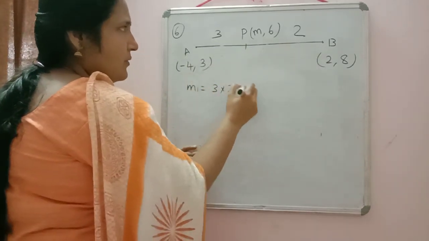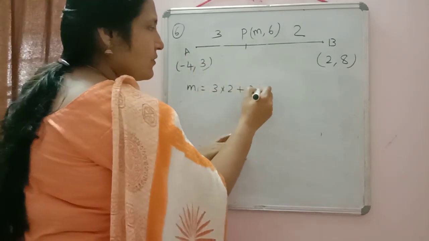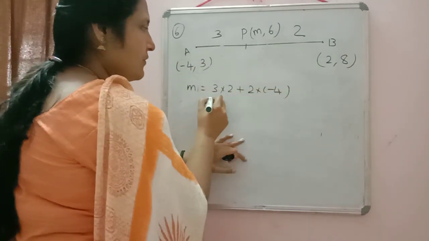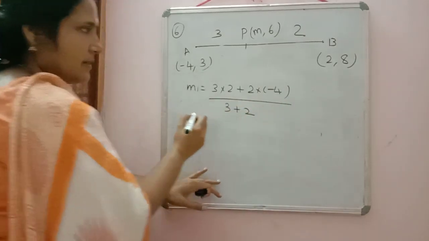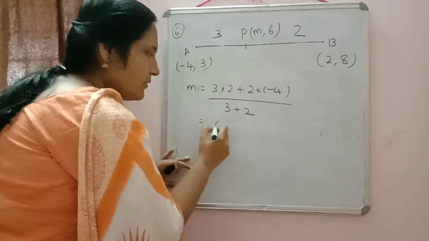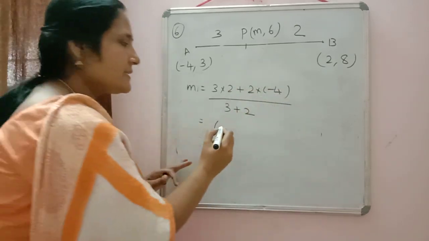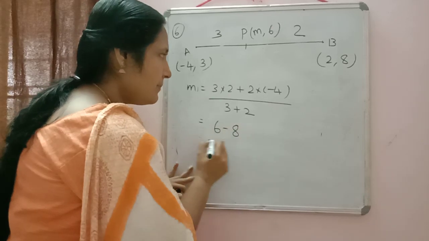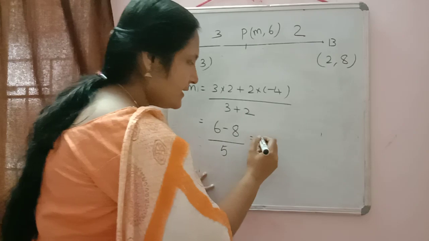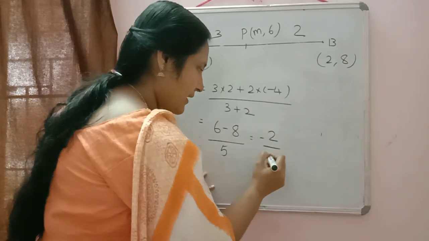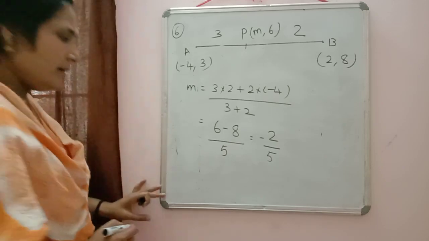So 3 into 2 plus 2 will be multiplied by minus 4, 2 into minus 4, by M1 plus M2. 3 into 2, 6. 2 into minus 4, minus 8, by 3 plus 2, 5. So 6 minus 8 is minus 2 by 5.